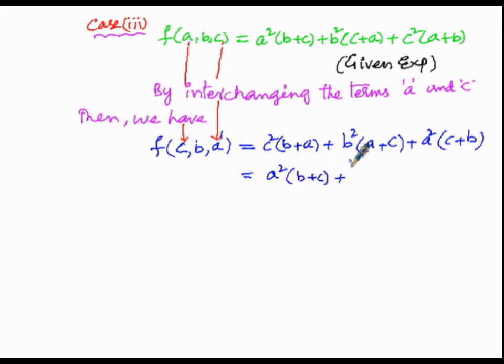The second term is b square into, instead of a plus c, c plus a. The third term is c square into b plus a, which can be written as a plus b.